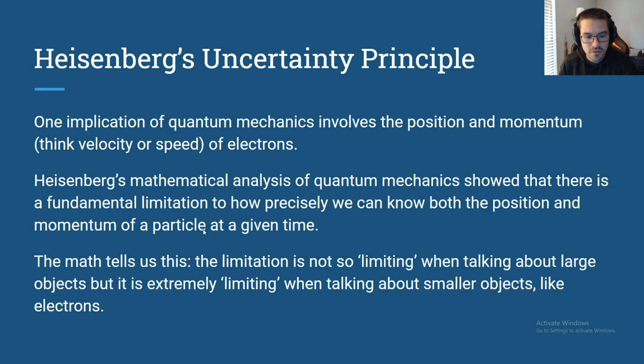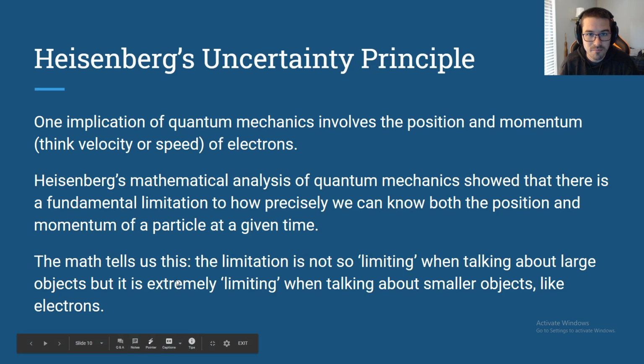His math goes on to tell us that this limitation is not so limiting when talking about large objects, like a football. We can all see a football. If it's getting thrown through the air, we could say, oh, there's its position, there's its speed, or its momentum. But this uncertainty principle is extremely limiting when talking about smaller objects like electrons.